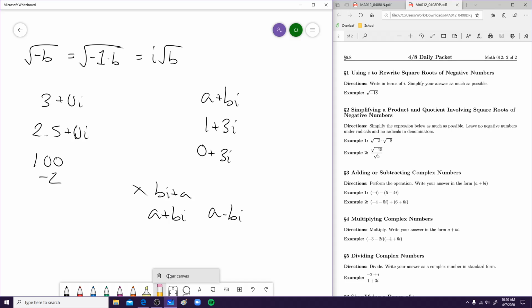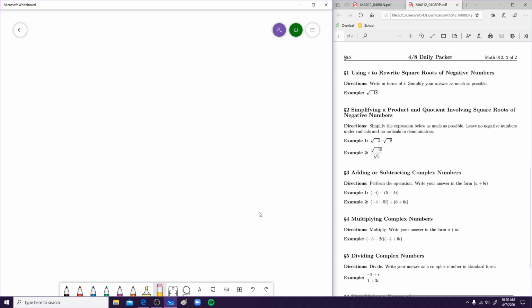So now let's get started with our examples. Starting with section 1, we just want to use i to rewrite square roots of negative numbers. For example, we have the square root of -18.